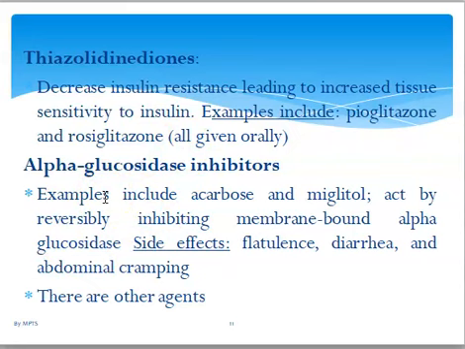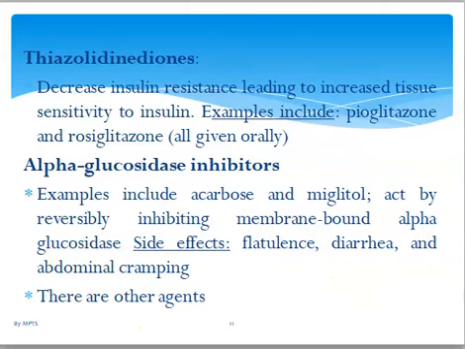When you inhibit the enzyme, carbohydrate will not be absorbed, and hence there will be reduced blood glucose levels. Examples, as I said, are acarbose and miglitol, but the common one is acarbose. Side effects are flatulence and abdominal cramping, and of course, these are all GIT distress.